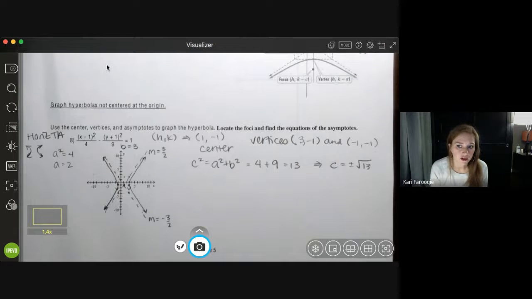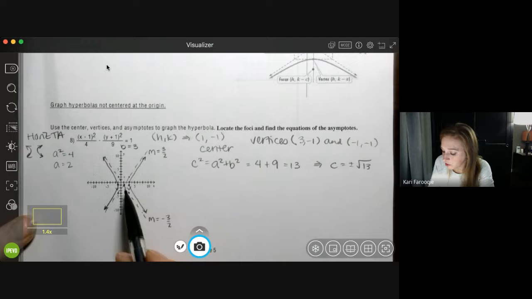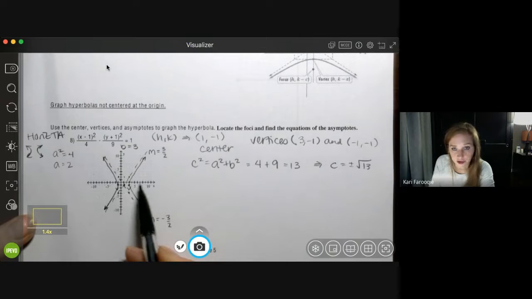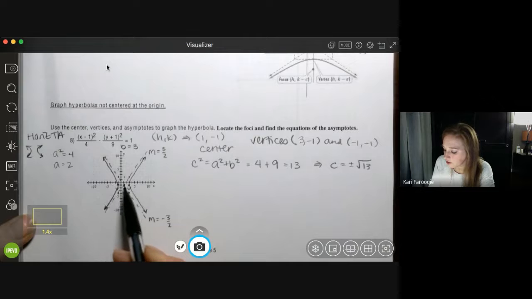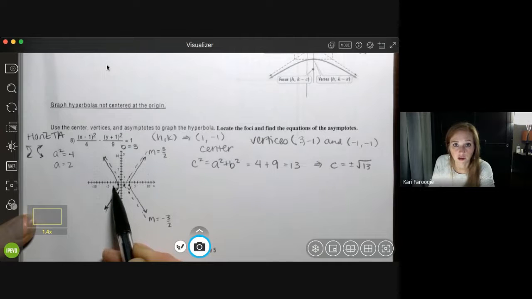Now, in order to get the actual ordered pairs for the focus points, we're going to start at our center, and we're going to note that our focus points have to lie inside the curves on this transverse axis. So while we're at the center point, we're only going to move to the right to get to this focus point and to the left to get to the other focus point. So I'm not going up or down anywhere.